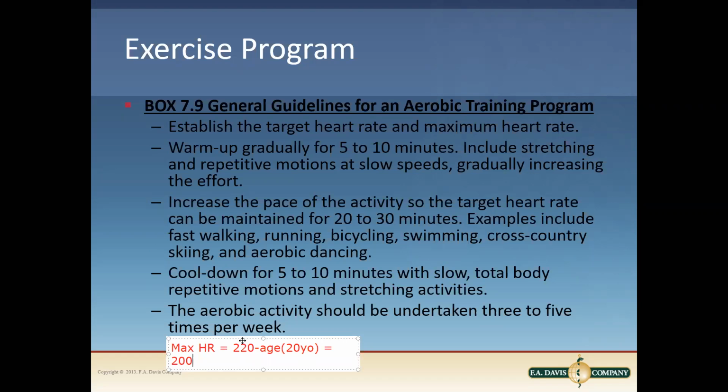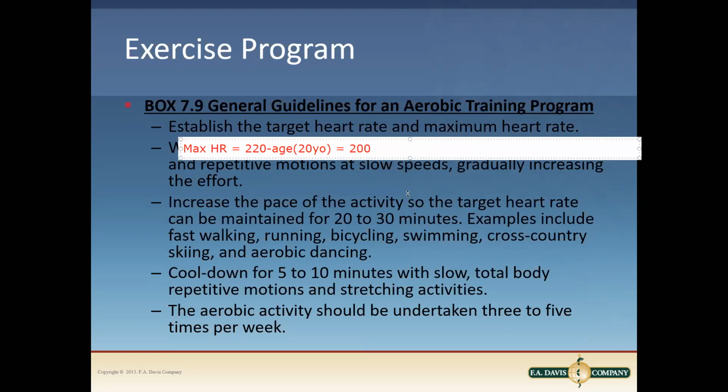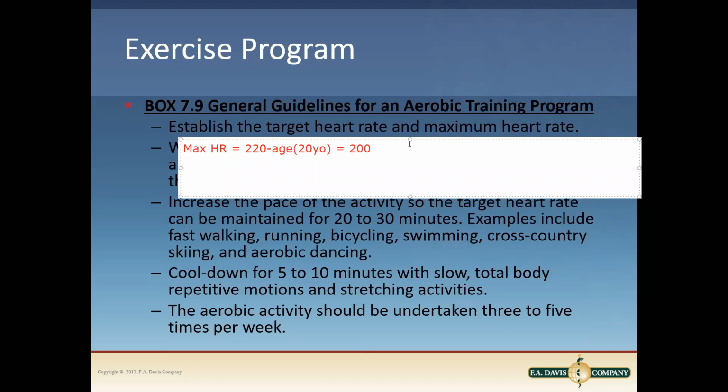I'm going to bring this up in the middle here so I can actually work with it. We're going to do some math here. So your max heart rate is 200, right? So when you're working with a PT or you're working with a doctor, a lot of times what you're going to see is they're going to give you something like a 70% target heart rate. So how do you calculate that?